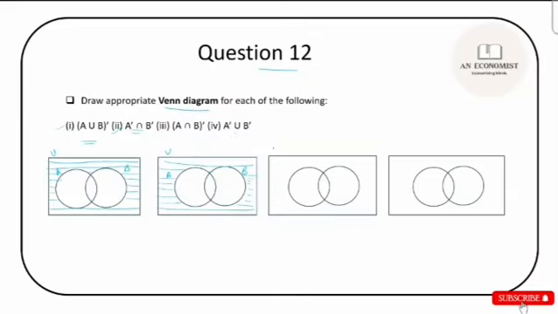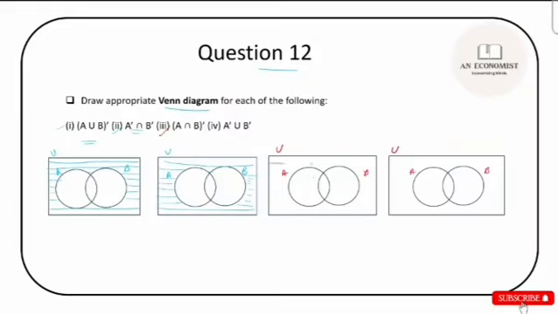Now let's go to 3. Universal set, set A, set B. A intersection B complement. A intersection B is this middle part, the common elements between the two sets.